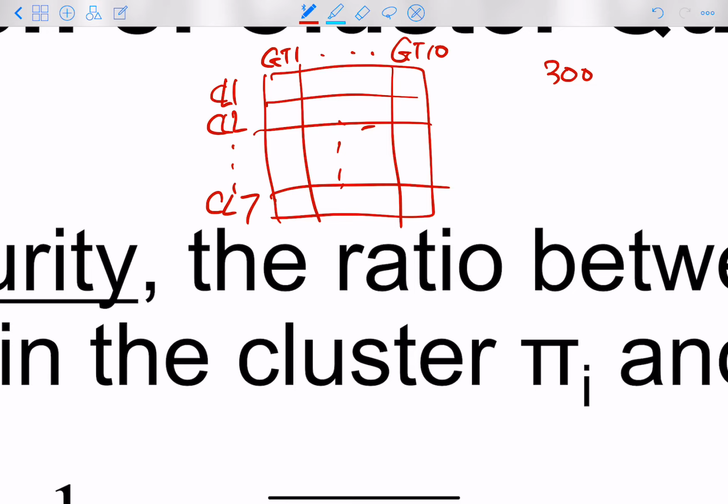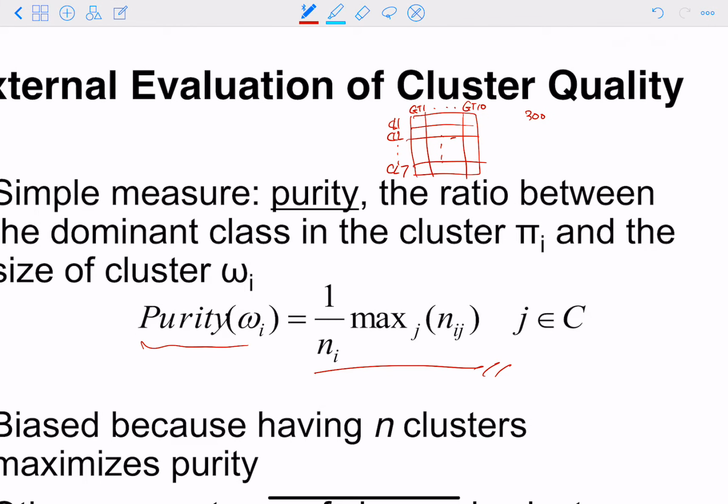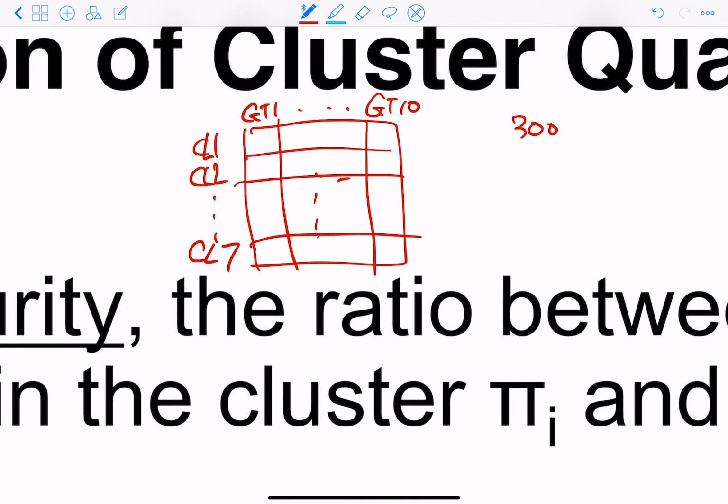And here the purity measure is defined as follows. Let me explain it from this figure. Let me give an example of GT2, GT3, GT4, and then 3, 2, 4, 7, maybe 2, 3.